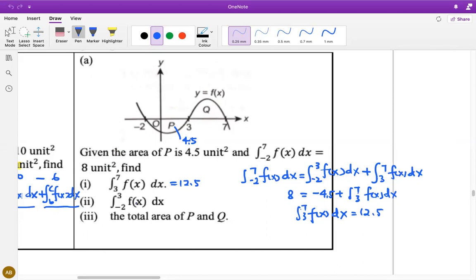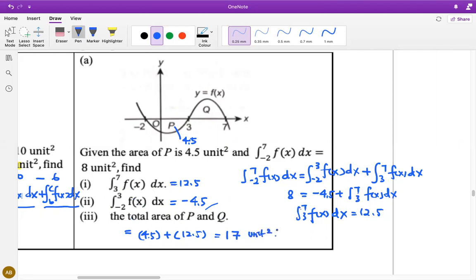Right now, okay. Then this part is negative 4.5. So total area of P and Q, that is 4.5. And then you plus 12.5. Okay, so you get 17. All right, 17 unit square.